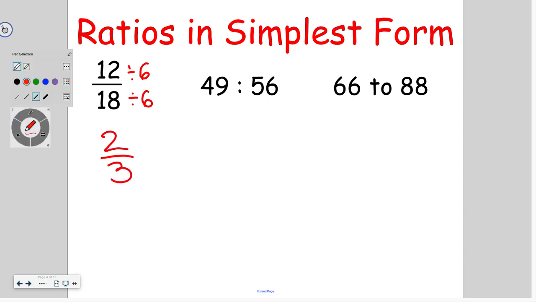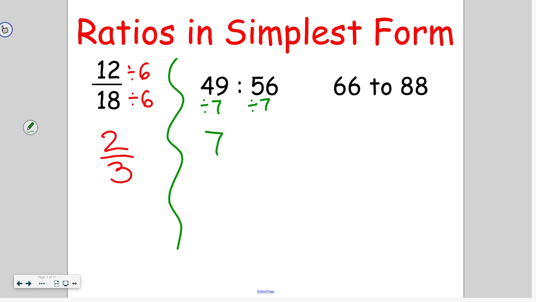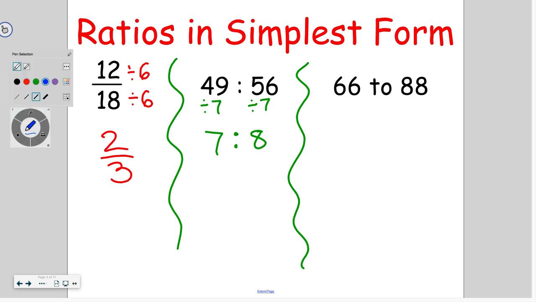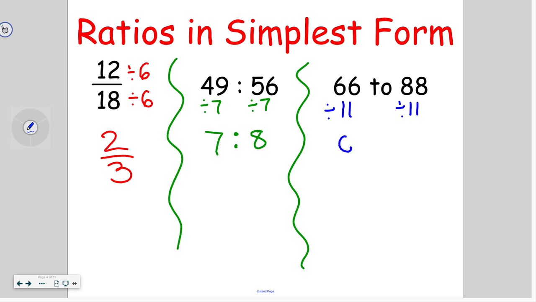The next one, I've got 49 compared to 56. I can divide both of those by 7, and that gives me a ratio of 7 out of the possible 8. The last one, I can divide both of those by 11. When I do that, I get an answer of 6 to 8.